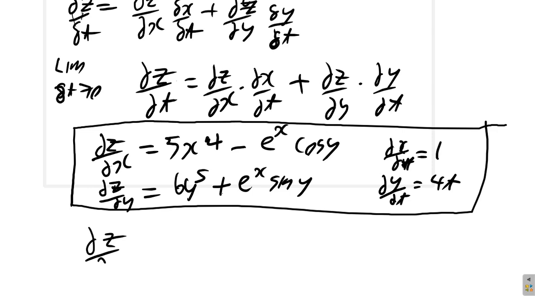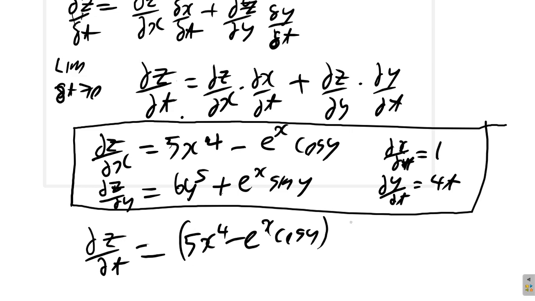The partial of z with respect to t is equal to, so what we have, the partial of z with respect to x, which is 5x to the 4th minus e to the x cos y.